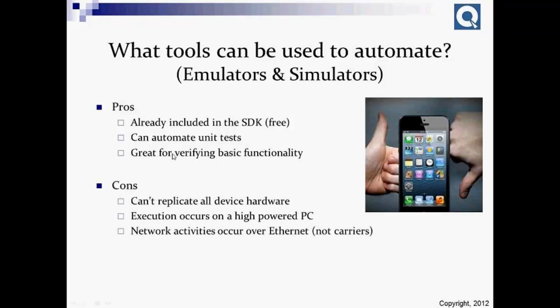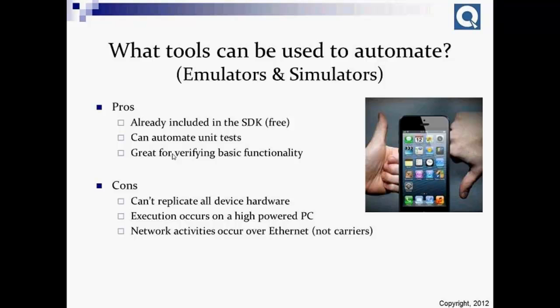From the cons, as I mentioned before, you're not getting the fragmentation. You're essentially running a VM image of a device. You're deploying the application on something that's really taking full advantage of the processing power and the rendering of the PC.